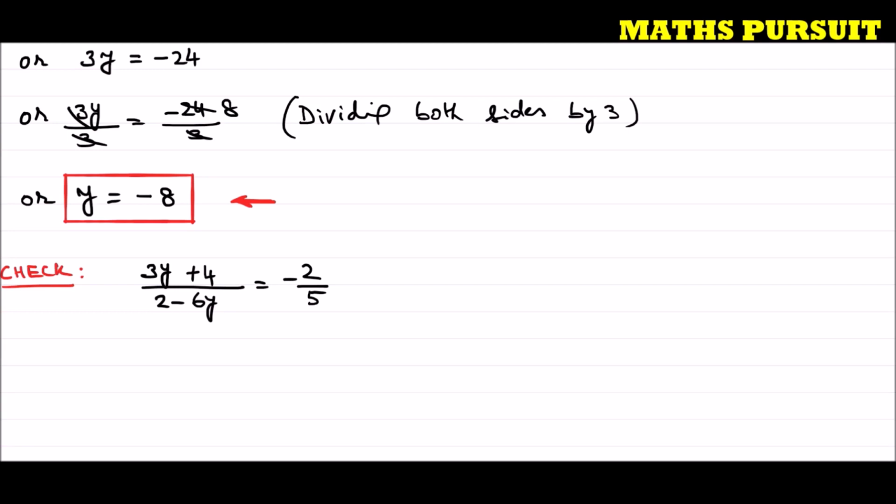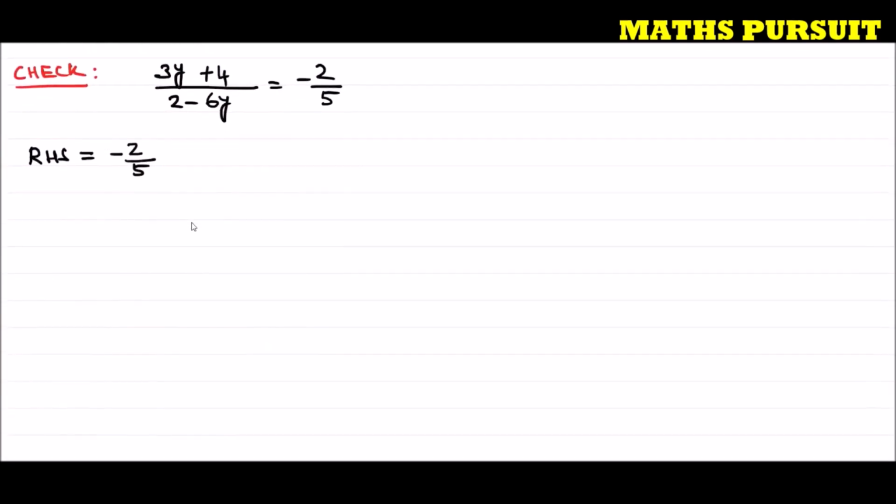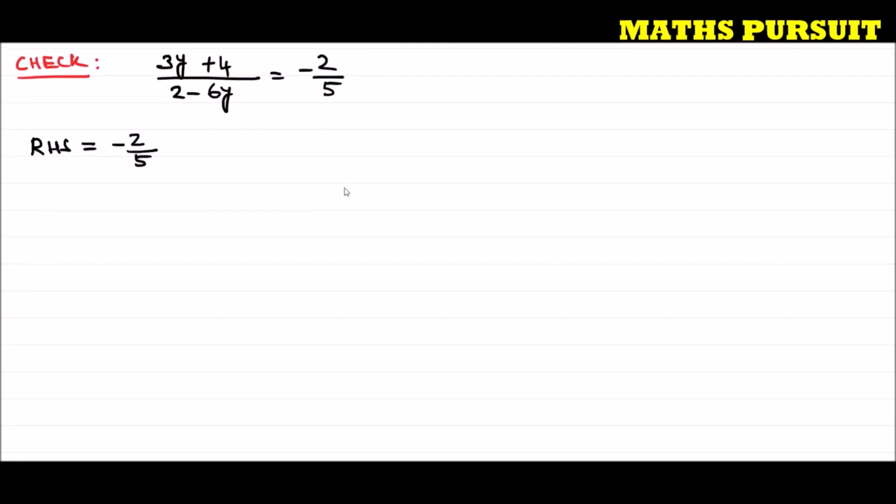Now let us find out the value for the left hand side as well as the value for the right hand side. And if both the values are the same, then the value that we got for y is absolutely correct. So here no need to do any calculation for the right hand side, because we already have the right hand side as minus 2 upon 5. Now let us calculate the left hand side and see if we are getting minus 2 upon 5 or not.